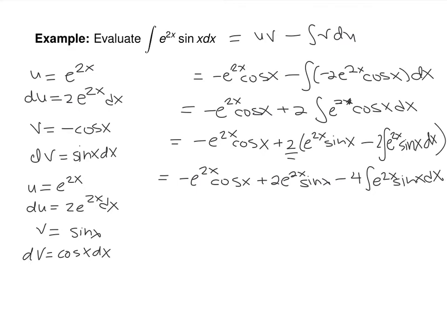At this point in time, you should realize that you are back where you started. You have the exact same expression inside your integrand as you had in the beginning. And so you add these to both sides. So you add 4 integrals of stuff to the 1 integral of stuff, and you get 5 integrals of stuff.